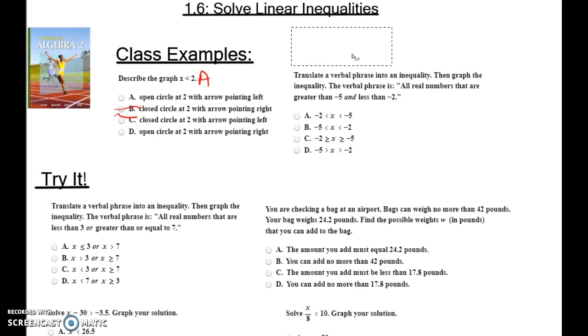Right. Translate the verbal phrase into an inequality. Then graph the inequality. The verbal phrase is all numbers that are greater than -5 and less than -2.